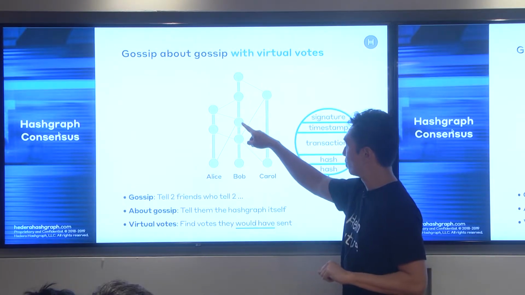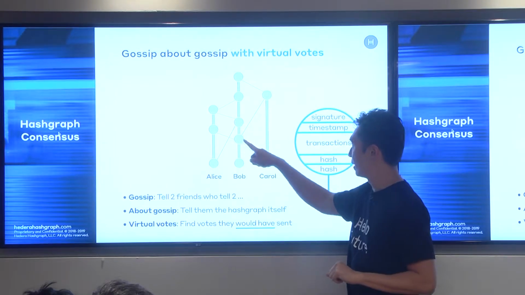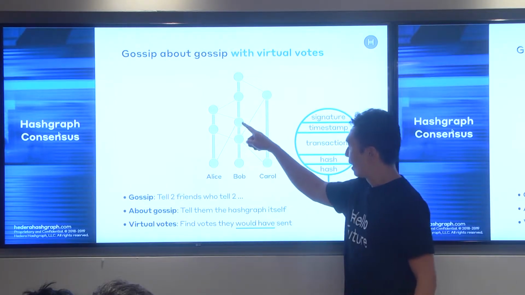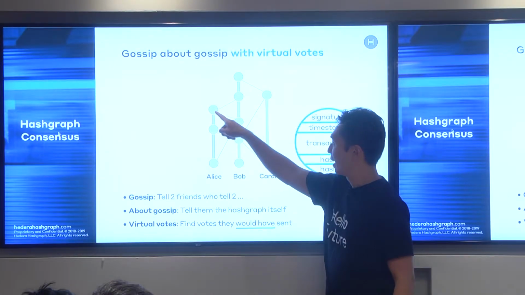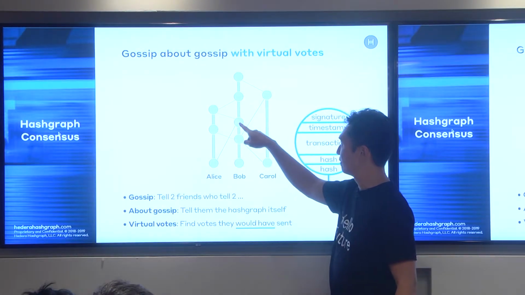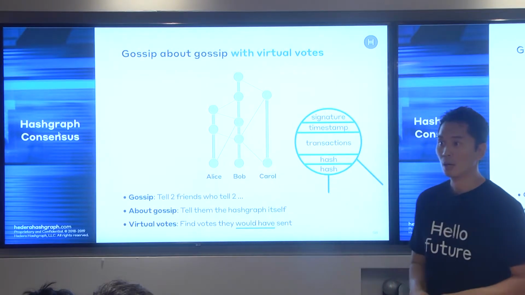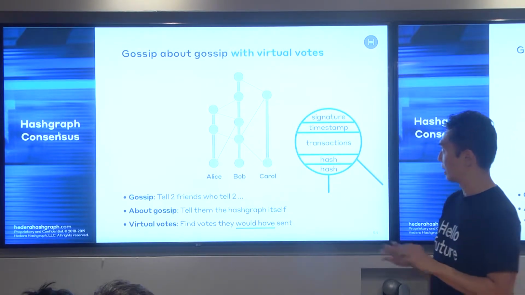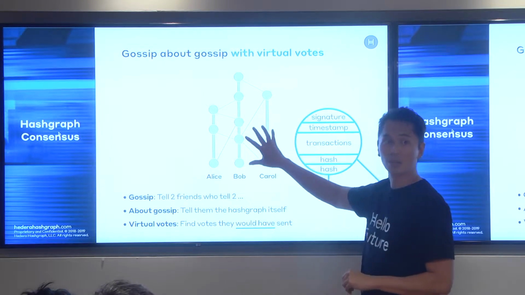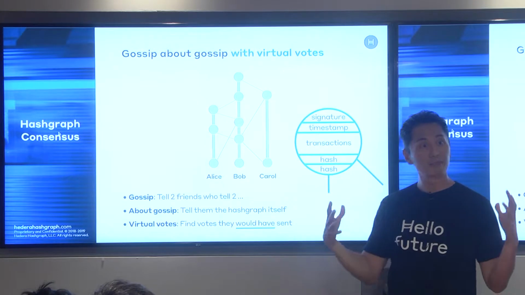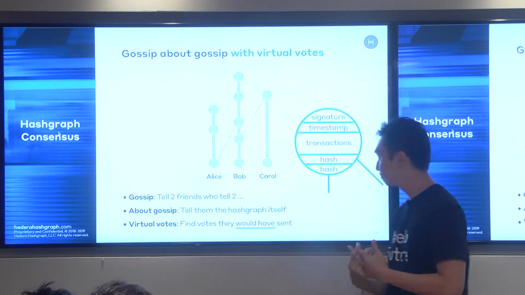So again, this event will have the hash of this event and this event. And subsequently, Bob will gossip back to Alice, and this event will have the hash of this event and this event. So these two hashes allow us to create this diagram. And this diagram is what we call the hash graph, a graph linked together by cryptographic hashes.